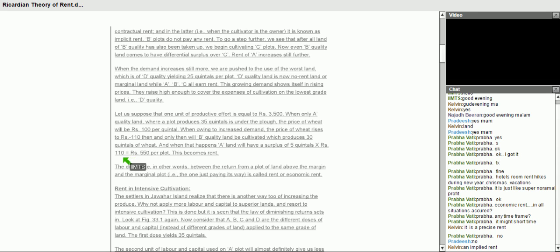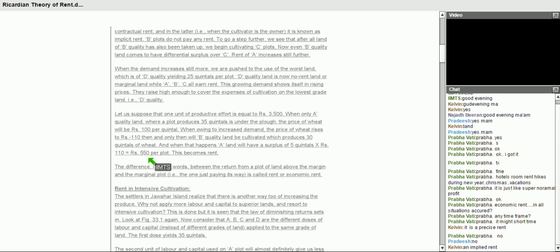Okay, this is the rent of land A, not of land B. Because now the price of wheat has risen to 110 because of the scarcity of good land. So now A is having a surplus of 550.